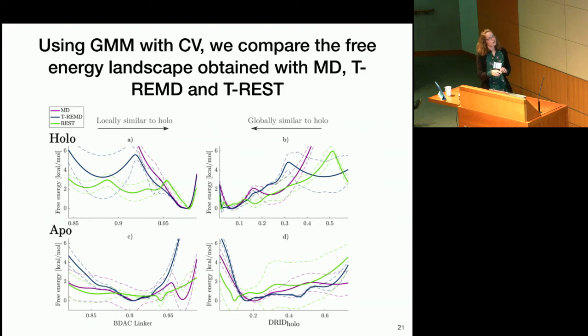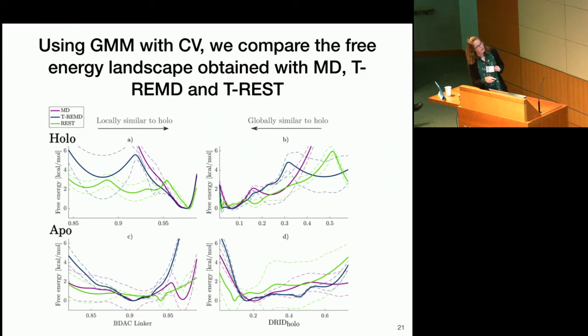But in the case of the holo ensemble, the profiles estimated along the local collective variable or the global collective variable both look very different. And this indicates that the conformational ensemble that we have access to using these 3 methods are completely different. And likely it also means that the profiles that I'm presenting here are not converged for any of the methods.